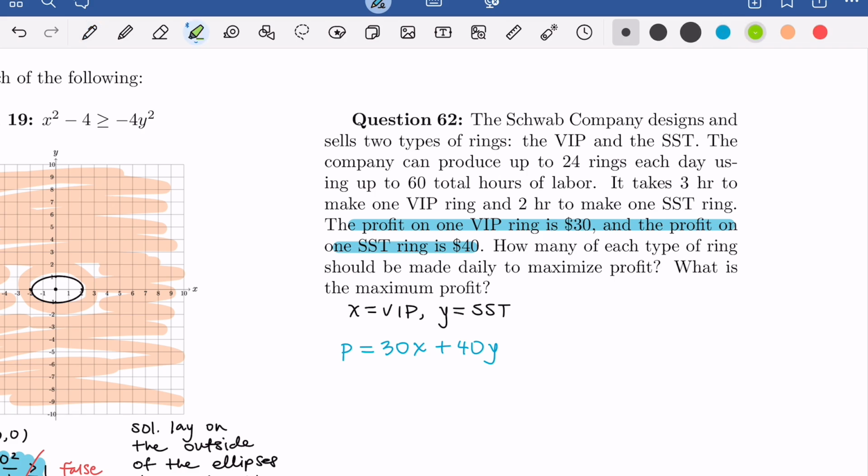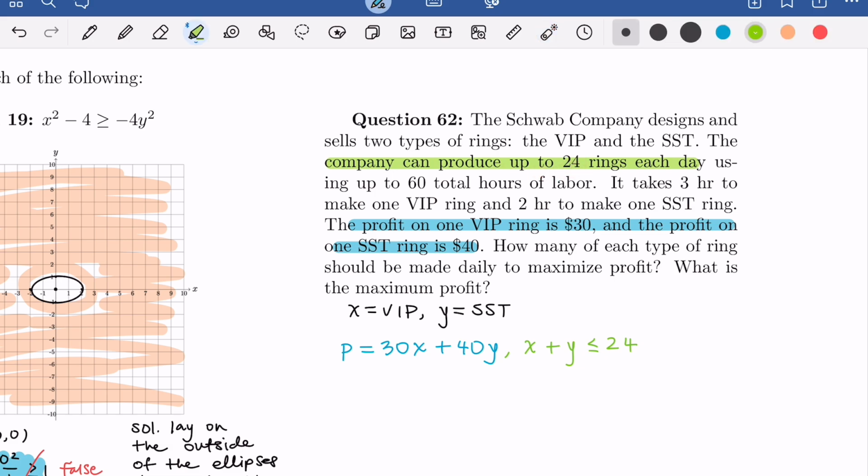Similarly, we're also given information to set up an inequality here. We're told that we can produce, or the company can produce up to 24 rings each day. So let's stick with our color coding here. That means the amount of VIP plus the amount of SST rings can't exceed 24 rings. So this has to be less than or equal to 24 because we can make 24 rings.